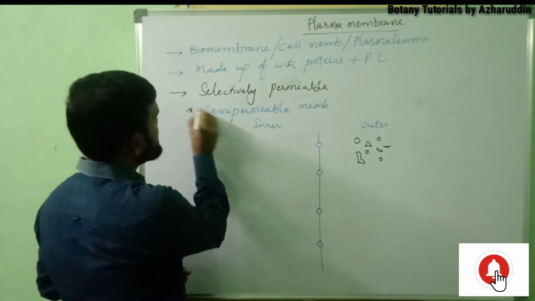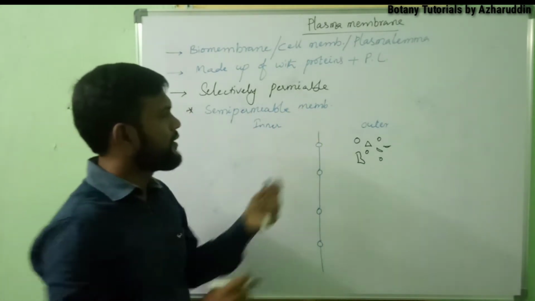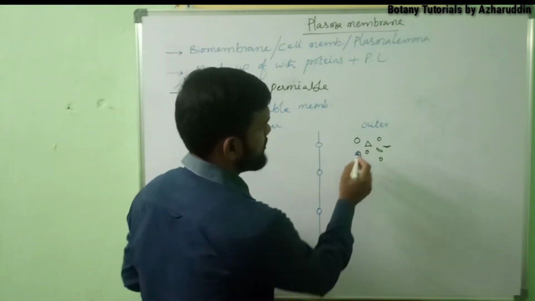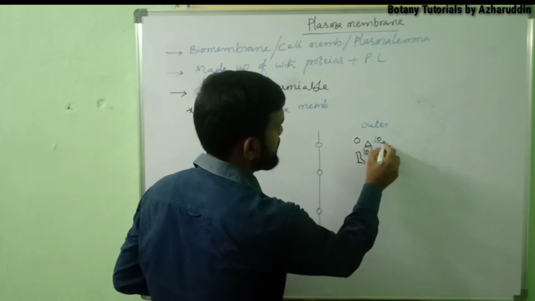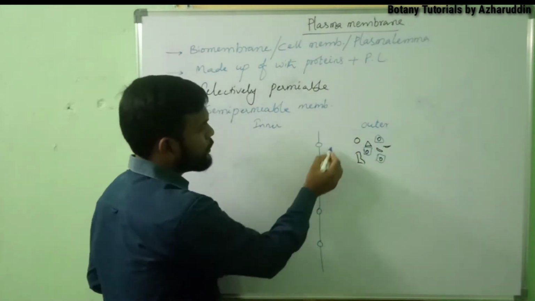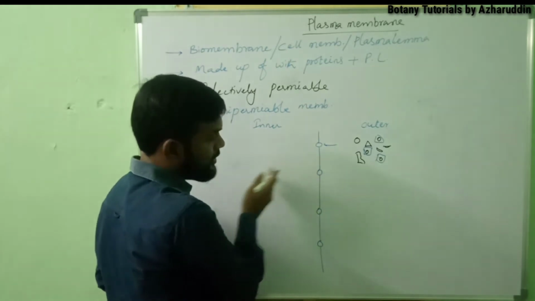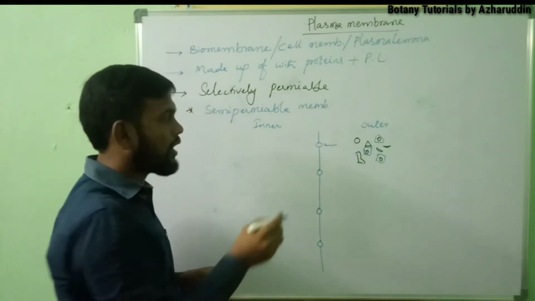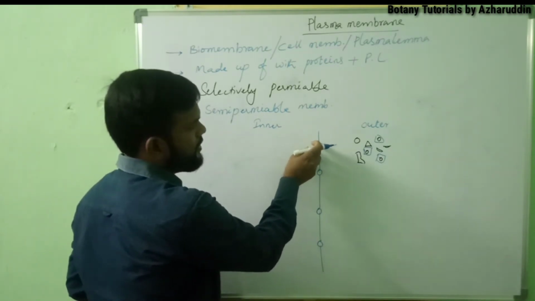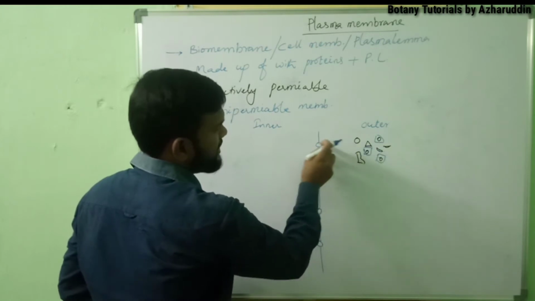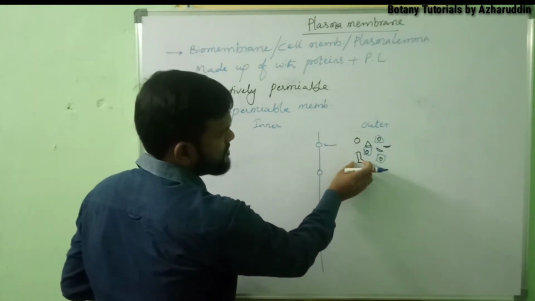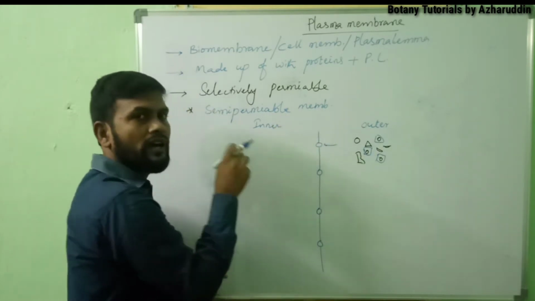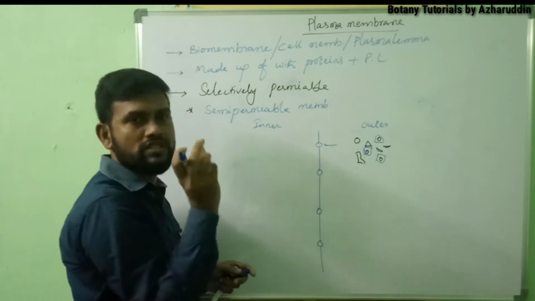These particles are smaller in size, so they will enter into the cell through the pores according to pore size. These particles are larger in size, so they will not enter into the cell because of pore size.